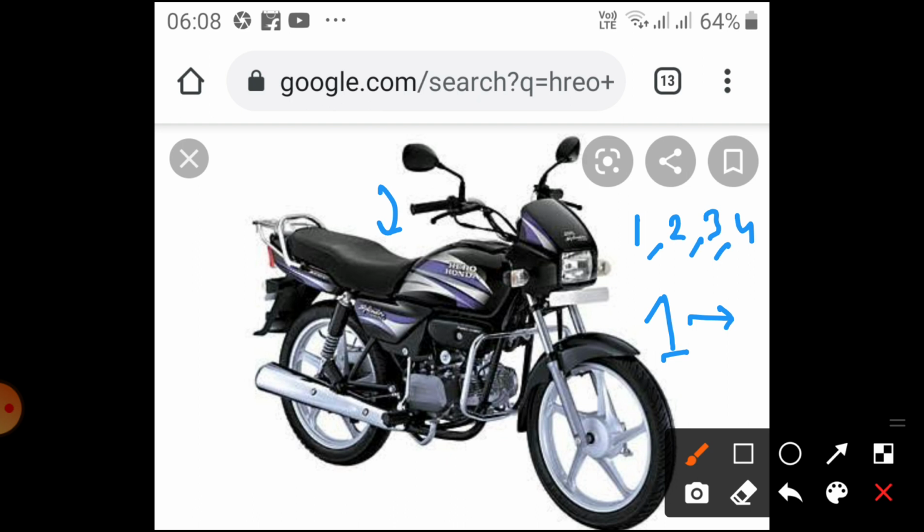Then you apply second, third and fourth as per speed. Suppose that while starting you use the second or third gear initially, what will happen? Automatically the vehicle will stop. So that is the significance of the first gear in the Splendor and in the Chetak.